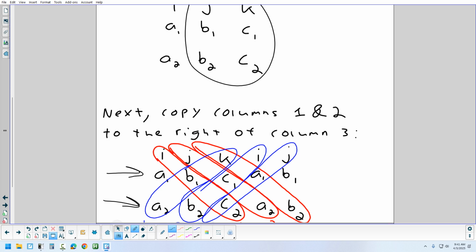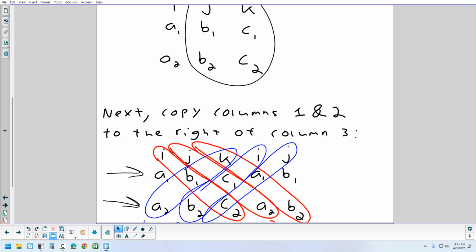So now, you should have something like that. We don't have to worry about the diagonals yet, but that's the next step. Okay, once you set that up, that's your visual that's going to help you to find the cross product.